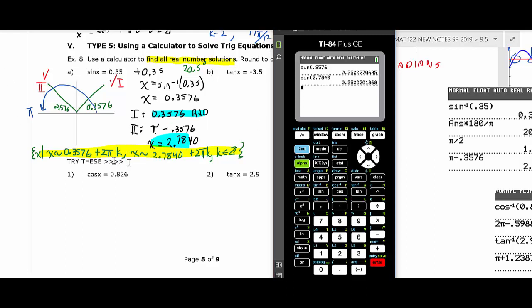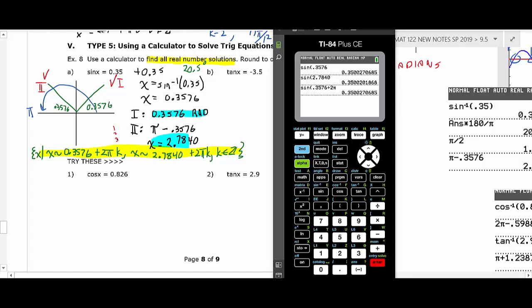And the meaning of this 2 pi k, for instance, if you did the sine of 0.3576, your quadrant 1 answer, and if you just added 2 pi to it, notice what would happen is you would get the same answer. Then if you went up to 4 pi, because you would be doing integer multiples of 2 pi, so it would go 2 pi, 4 pi, 6 pi, and so forth, because k would be just some number.